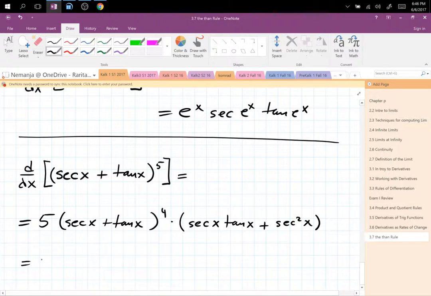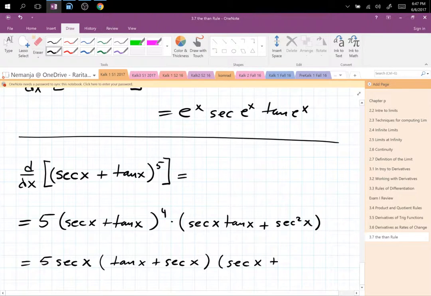So the whole thing is 5 secant x times, in parentheses, tangent x plus secant x, and then you have all of that times secant x plus tangent x to the 4th, yes, sorry.